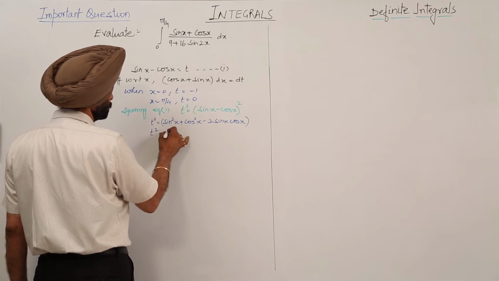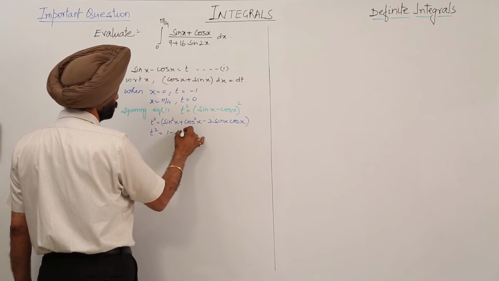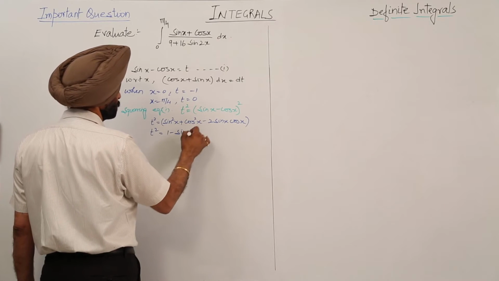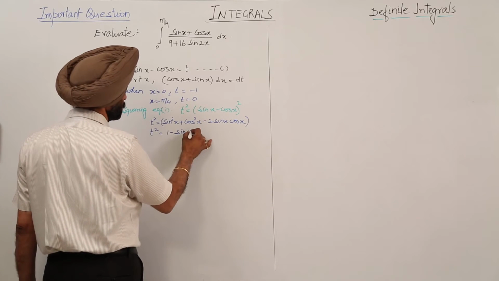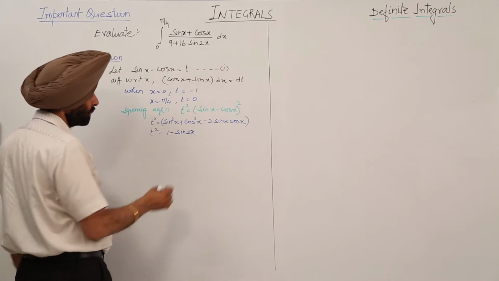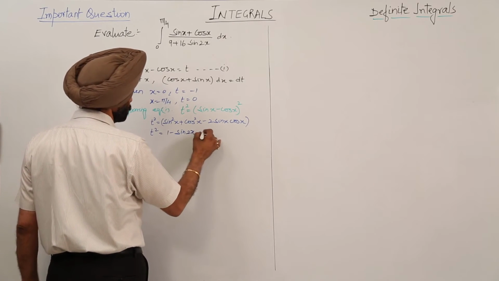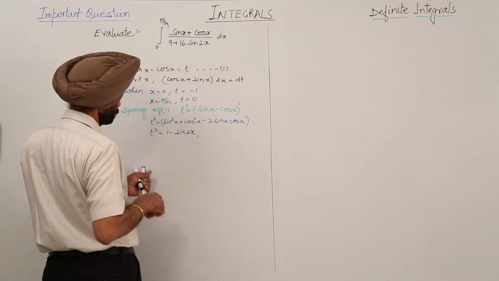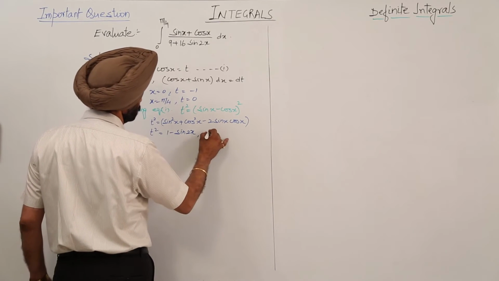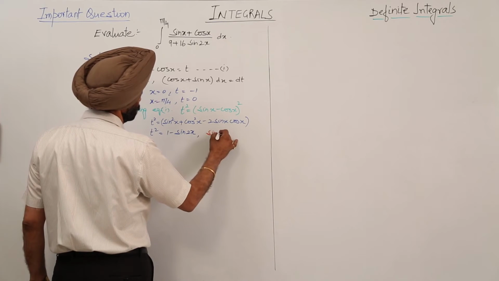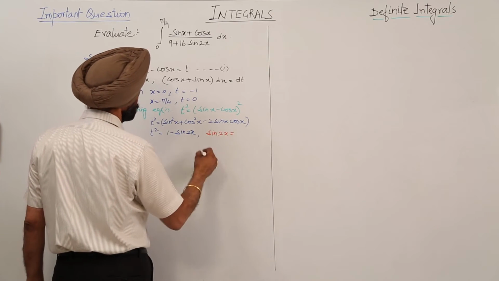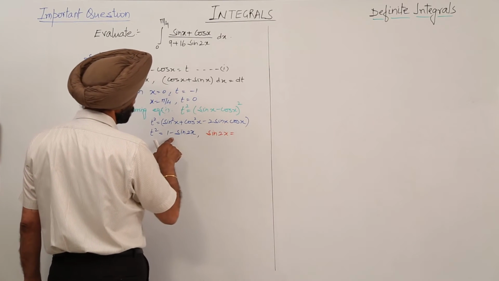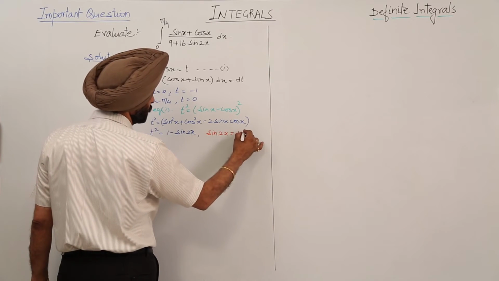T square is equal to 1 minus sin 2x, okay. And now sin 2x is equal to 1 minus t square.